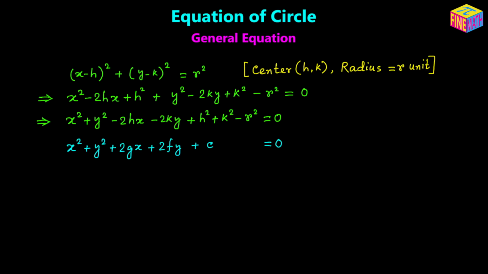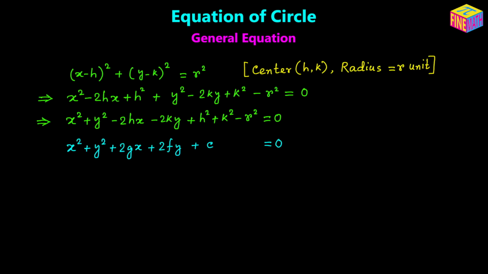The coefficient of x squared is 1, the coefficient of y squared is also 1. The coefficient of x is usually written as positive 2 times g in the general form, and the coefficient of y is written as positive 2 times f. And the constant term, h squared plus k squared minus r squared, is represented by a lowercase c. So this is the general form of the equation of a circle.